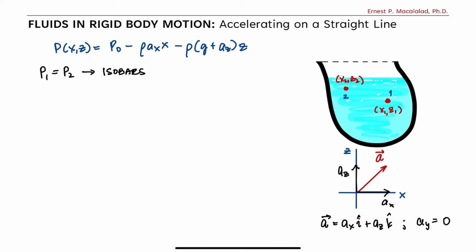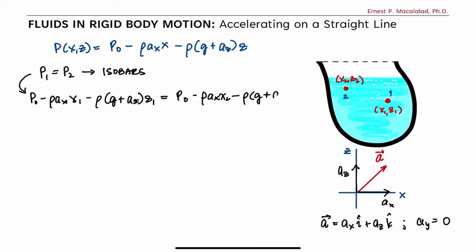In order to find this, we apply this relationship to our equation. So we now have P naught minus rho ax x1 minus rho times g plus az z1 equals P naught minus rho ax x2 minus rho times g plus az z2, which can be simplified as rho times g plus az times z2 minus z1 equals negative rho ax times x2 minus x1.